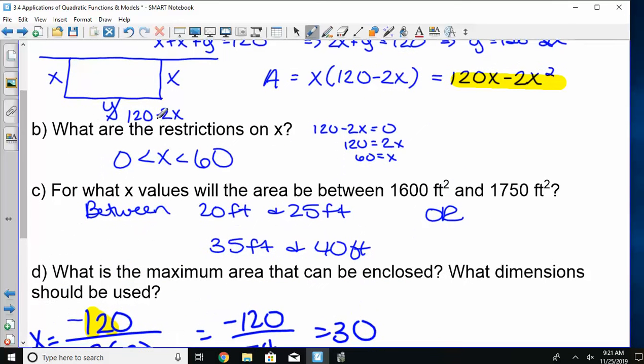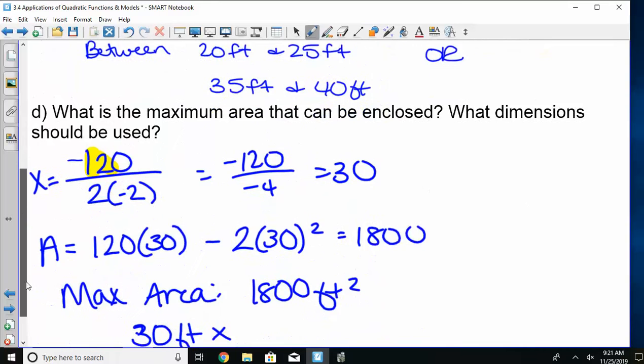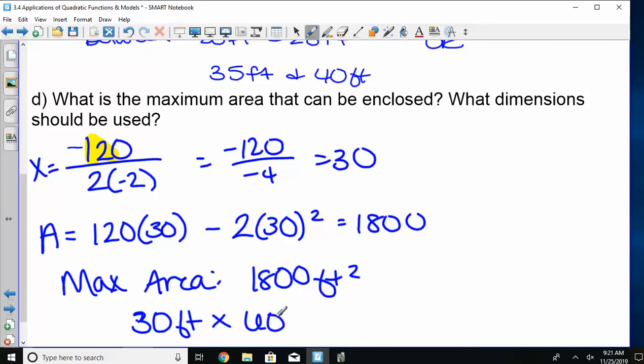My other side, 120 minus 2x, so 120 minus 2 times 30 would be 60 feet. So really, it's still asking you questions about the vertex, but I threw in a piece using the graphing calculator like we have done in the past.